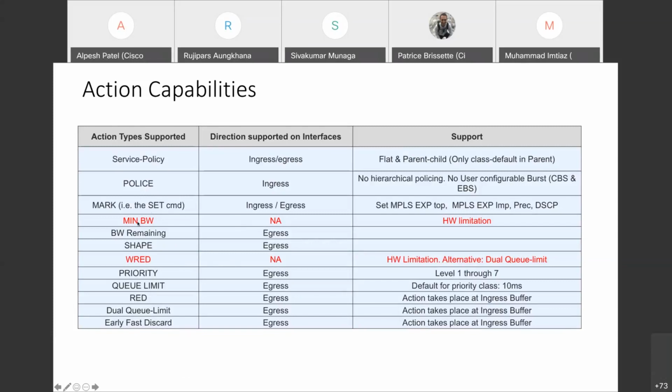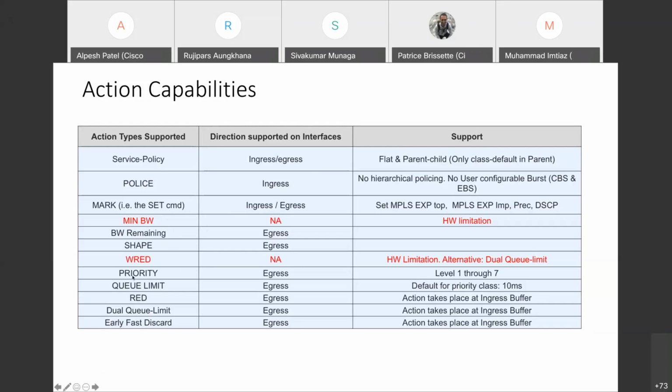What that means is you cannot guarantee a certain bandwidth for an interface, which is the bandwidth keyword in our older platforms, the platforms previous to Spitfire. So the bandwidth remaining percent or bandwidth keyword is not supported. What is supported is bandwidth remaining ratio, which is slightly different from what we have been used to so far, and we'll talk about that in detail again.